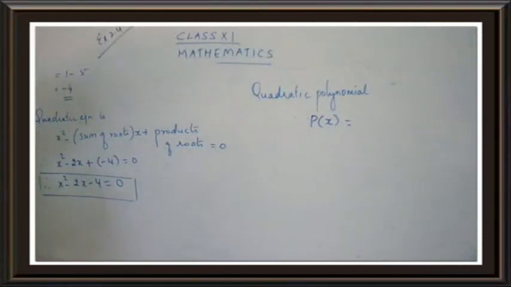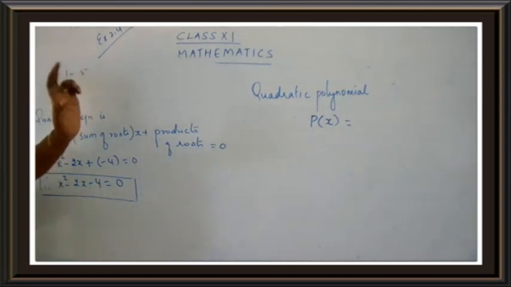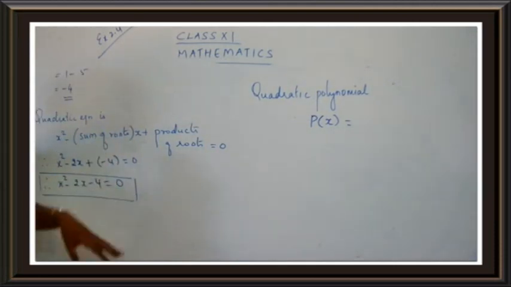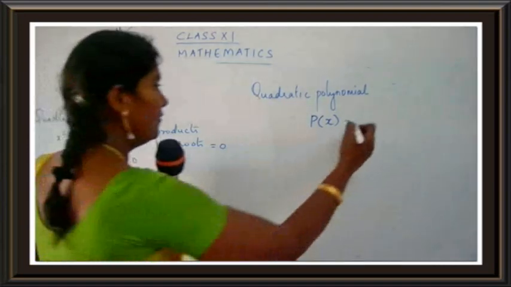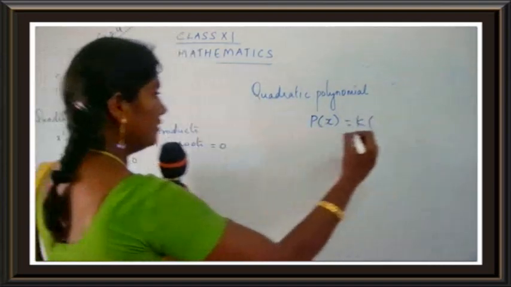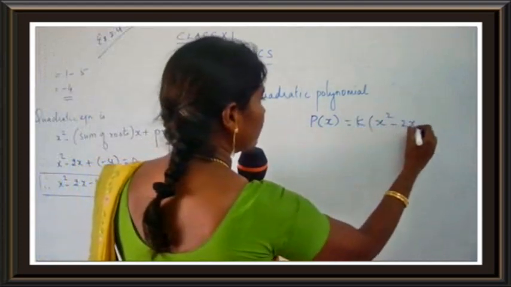Whatever we have arrived at for the quadratic equation, you have to write down for the quadratic polynomial. But whenever you write down the quadratic polynomial, you are going to change the quadratic equation in terms of a quadratic polynomial. Yes children? So only one thing you are going to do is remove the 0 and add here a constant. So you are going to write this as k x square minus 2x minus 4.